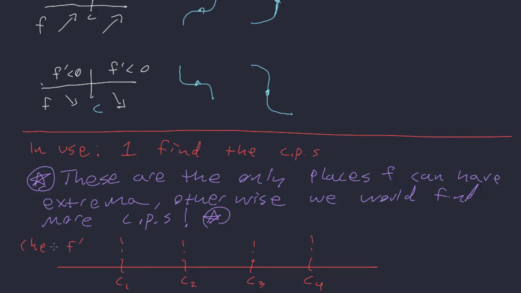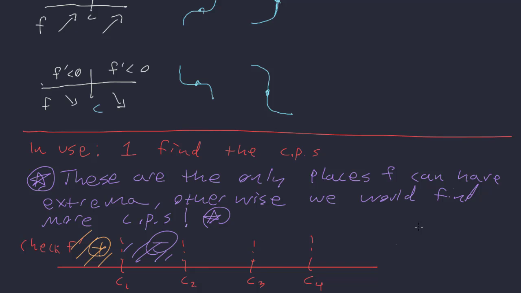We'll just check f prime in each of these regions, because in each region, f prime can only be, say, positive or negative. Because, and I know that because if it were to change somewhere in here, like if it changed from positive to negative, I would have another critical point.